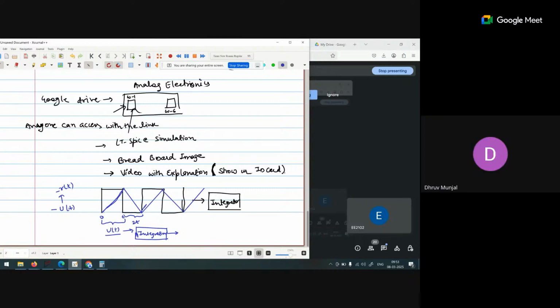Yes, sir, and how is this square wave coming? The square wave is coming from, I think you can take it from the ADML kit. Just wait a minute, I will go through the experiment.